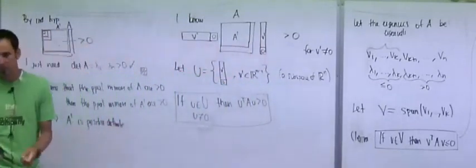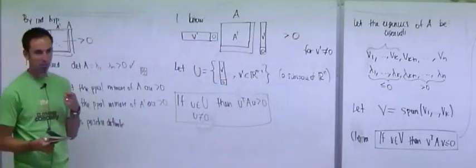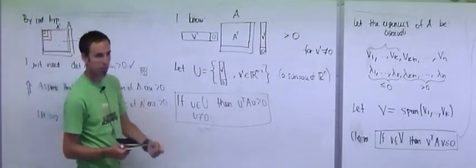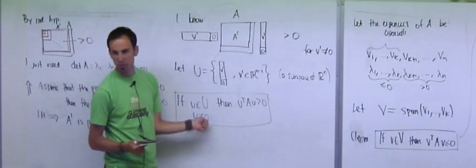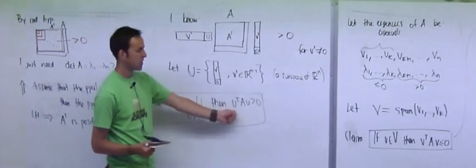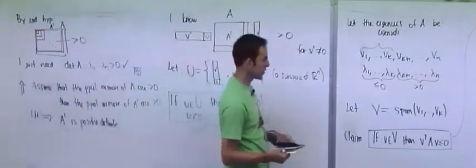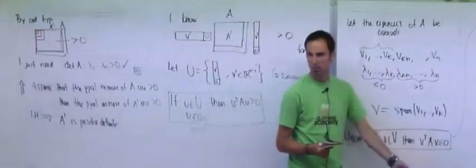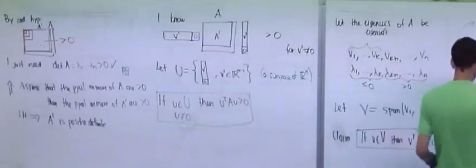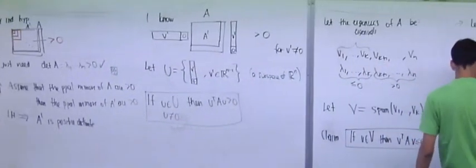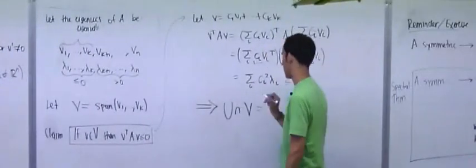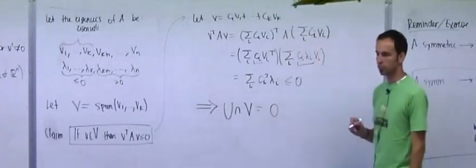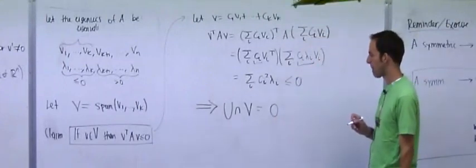Can anything else be in the intersection? No, because if you had some non-zero vector that is both in U and in V, then by virtue of being in U, you would have x transpose Ax positive, and by virtue of being in V, you would have x transpose Ax be negative. So from these two statements, it follows that U intersect V is just the origin.